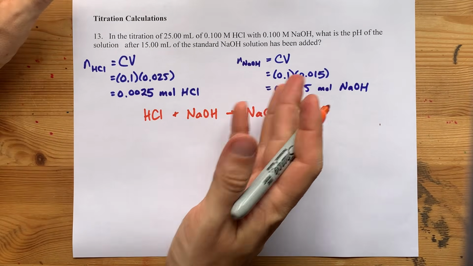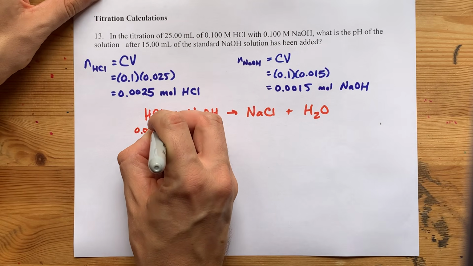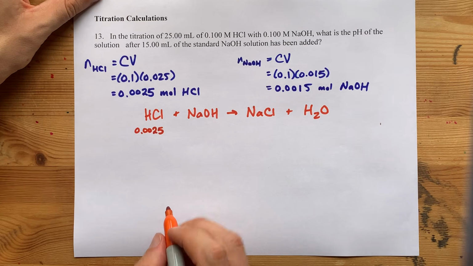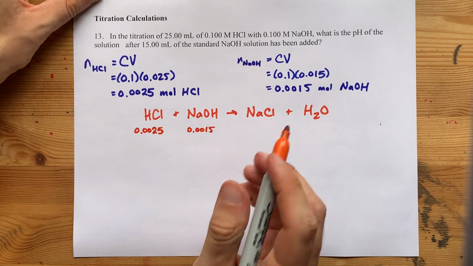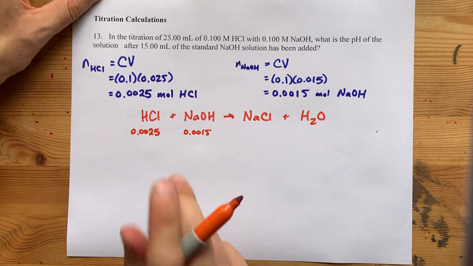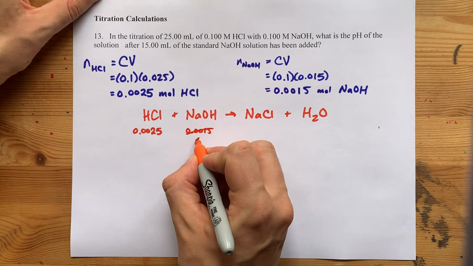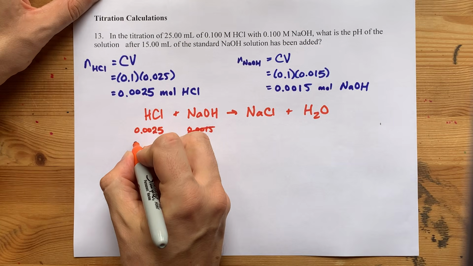Now again, I'm not doing an ICE table. I'm actually just figuring out which one of these runs out first. I'm starting with that many moles of HCl. I'm starting out with this many moles of NaOH, and I'm using them up in a 1-to-1 ratio. So the smaller one is the one I'm going to run out of, and I'm going to go down by that amount here as well.